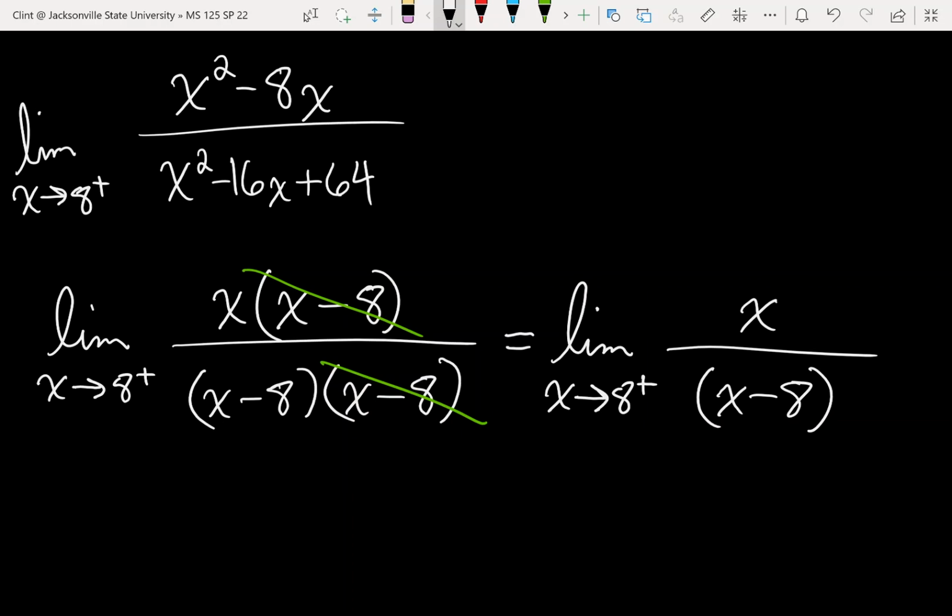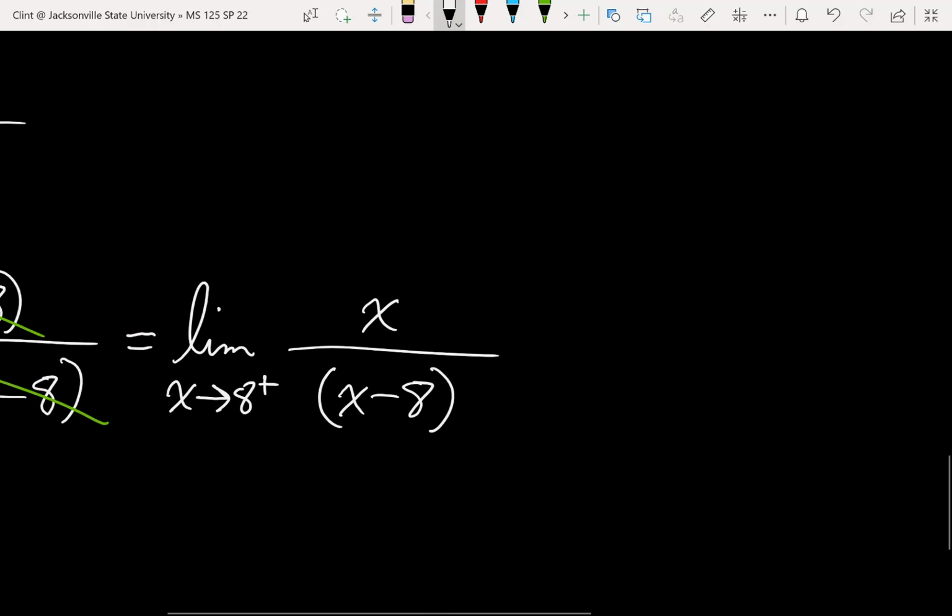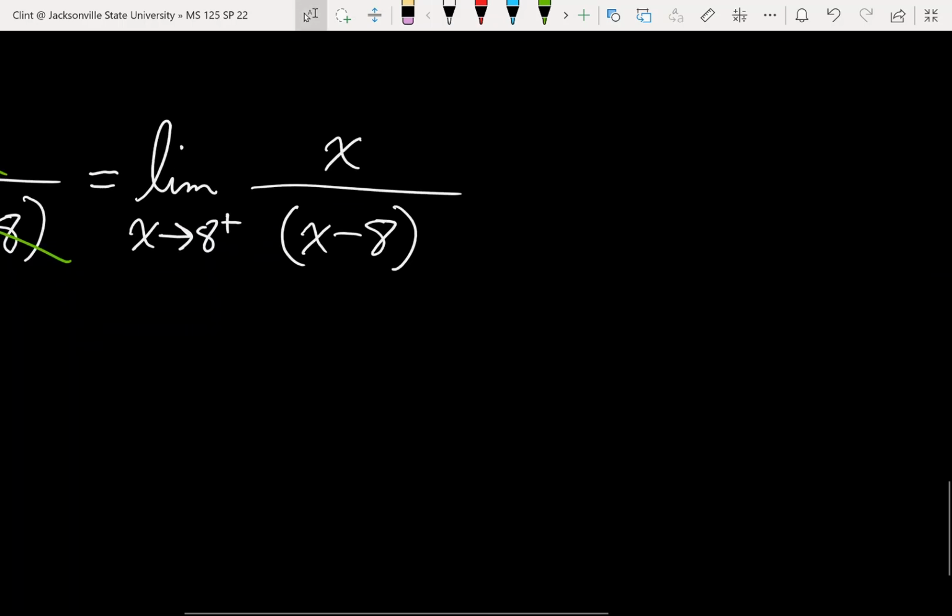Yeah, so we're coming in from the right of 8, so numbers bigger than 8. Here we can just do a little scratch work, or a little calculator work. So if we try 9, we have 9 over 9 minus 8.